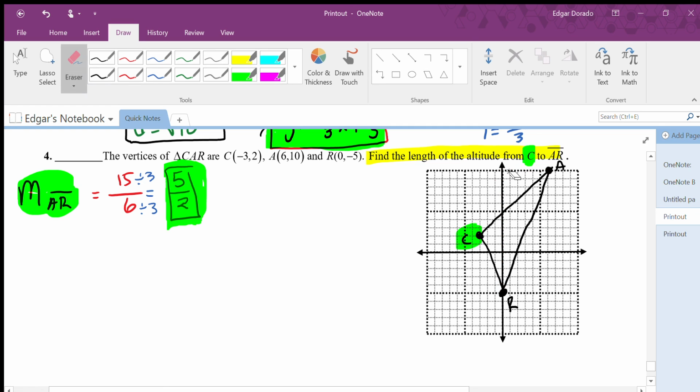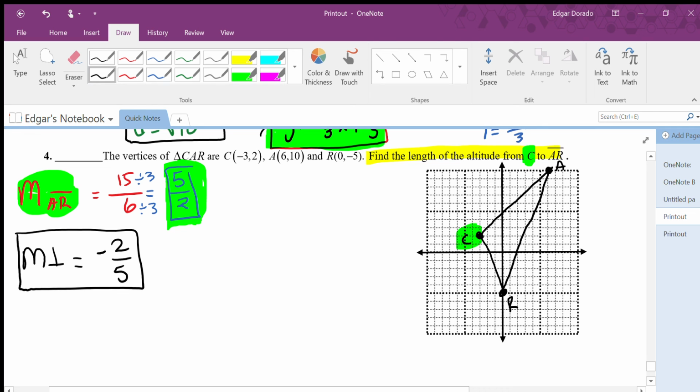Alright, we have our first slope that we're going to need to find our new perpendicular slope. Well, remember, for perpendicular, it has to be opposite or reciprocal. So our new perpendicular slope has to be the opposite reciprocal of 5 over 2. And hopefully you guys can figure that out. That is going to be negative 2 over 5.